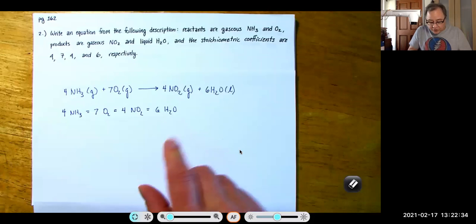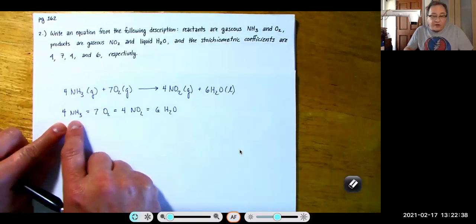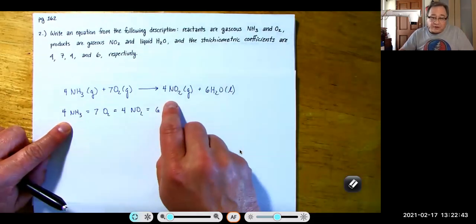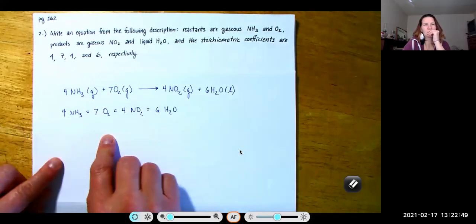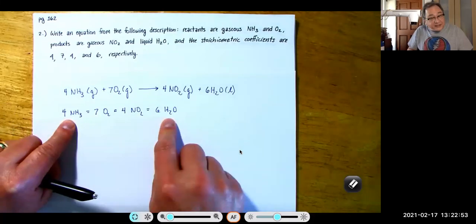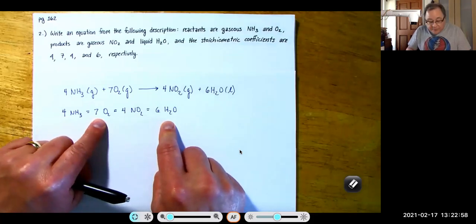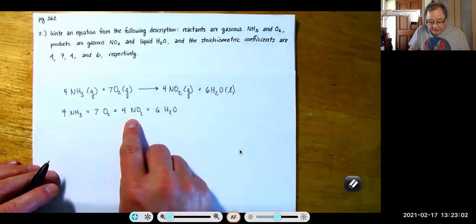So this means if you start with 4 molecules of NH3 and you have more than enough oxygen to react with this, you will make 4 molecules of NO2. So do you understand the equality here? Yeah. So if we start with 4, we should end up with 4 of these. If we start with 4 of these, we should end up with 6 of these. If we start with 7 of these and react them all, we should end up with 6 of these. Or you could say, if I want to make 4 of these, I need 4 of those to begin with.